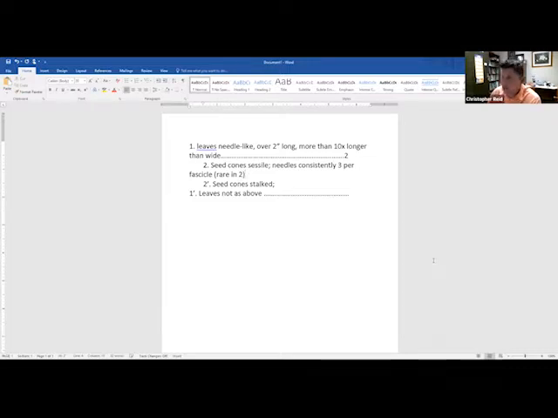You're always going to have oddballs here and there. With loblolly, they're going to be in 3s. 1 out of 50, you might get 2. Needles 3 per fascicle. Versus needles 2 and 3 per fascicle. Actually, I like the shorter version: 2, 3 per fascicle.